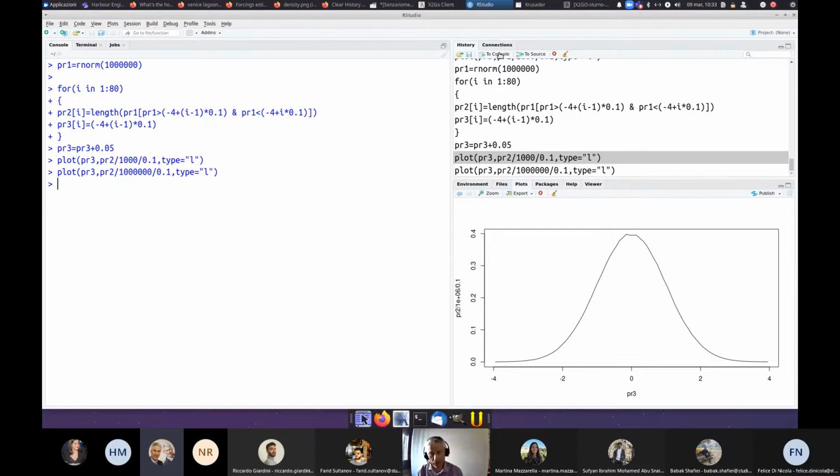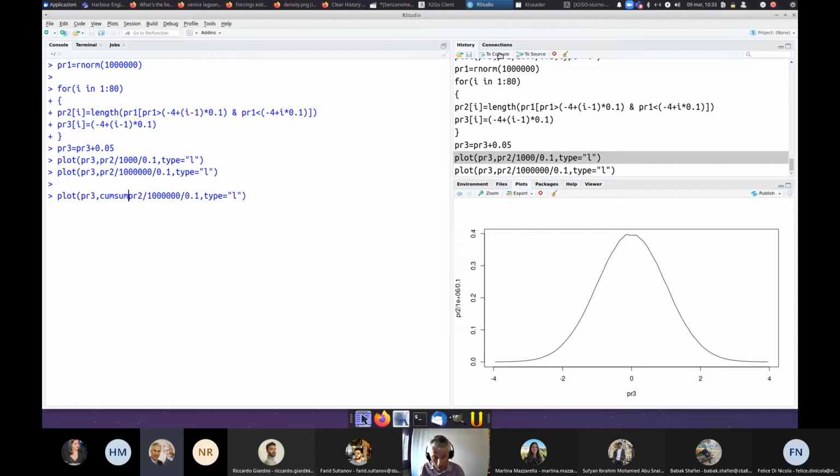And how can we check that the area is 1? We can take a summation, we can make an integral, and the integral is nothing else than a summation. So let me change this plot and put here a function. Instead of plotting PR2 divided by 1 million divided by 0.1 against PR3, let's plot the cumulative sum of it.